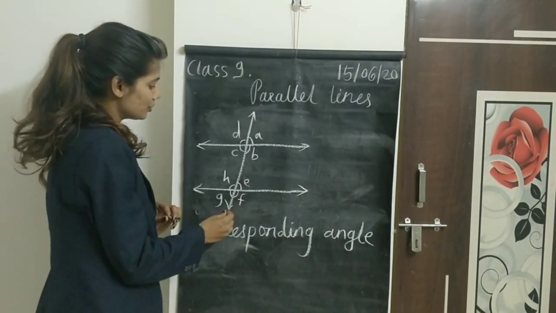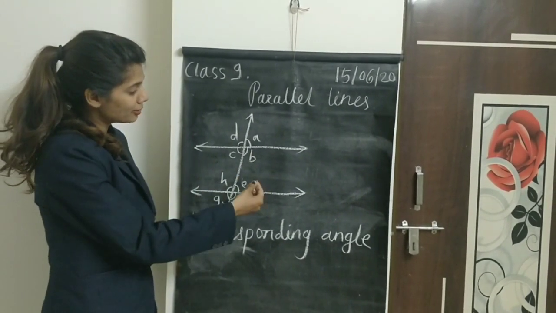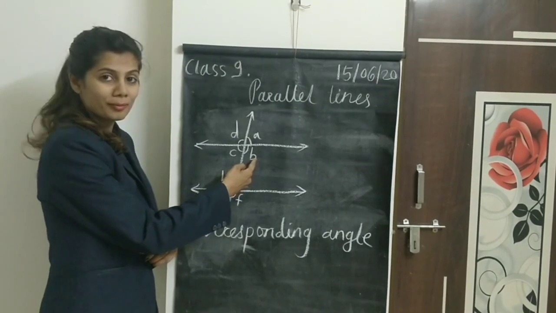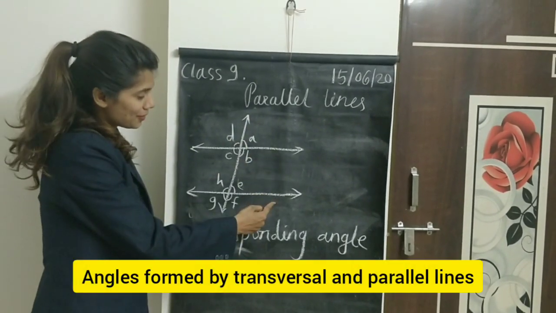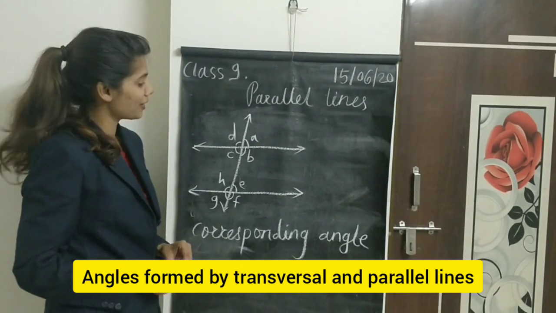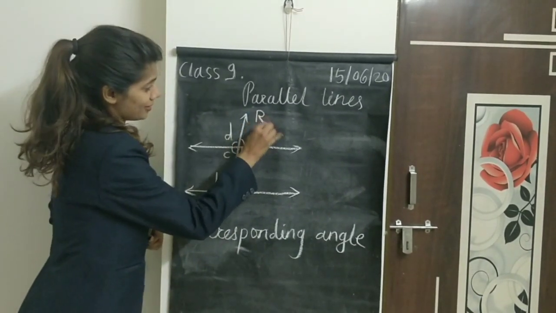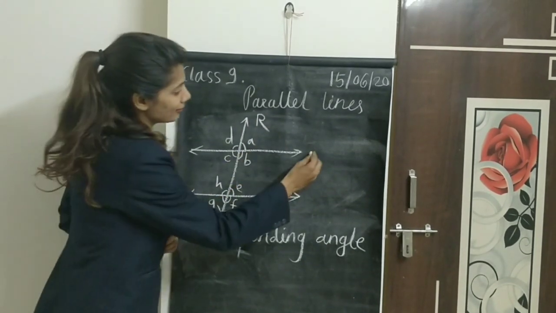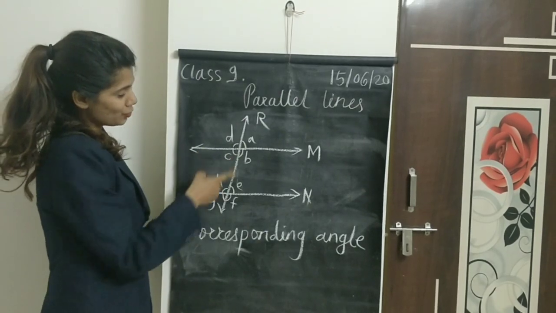These are the two lines which are parallel, and what is this now? This is called a transversal. We are going to talk about the angles formed due to this transversal and these parallel lines. Now this transversal R is intersecting these two parallel lines at two different points.